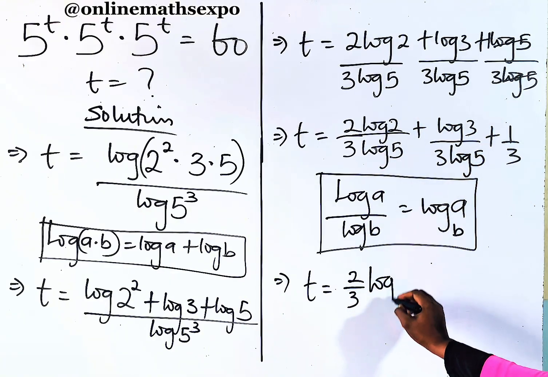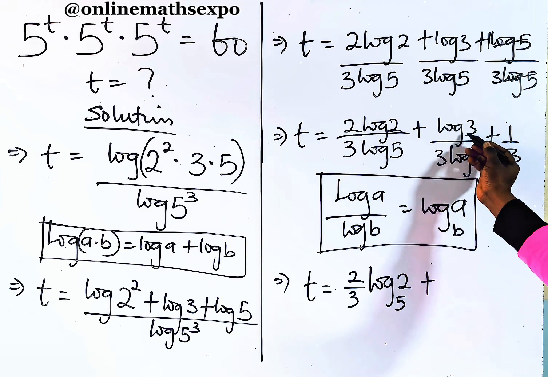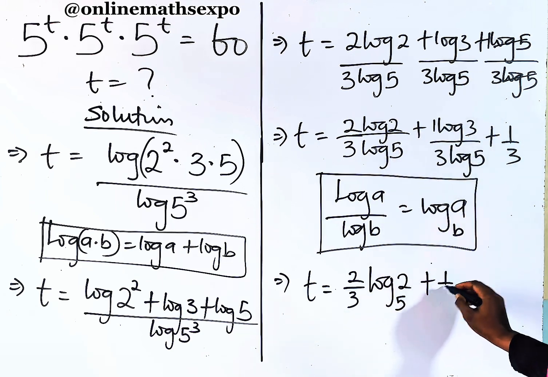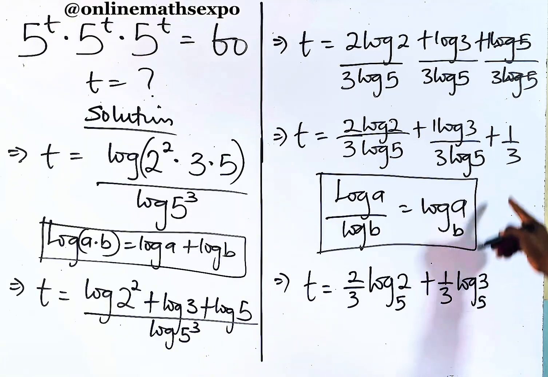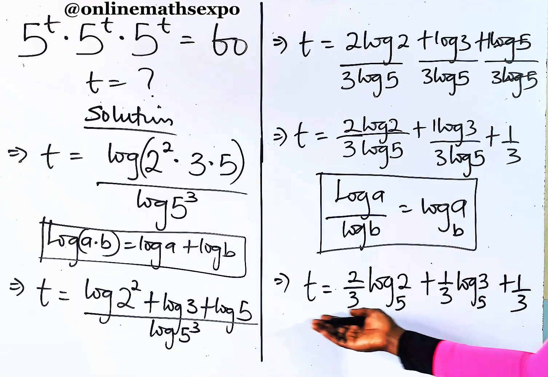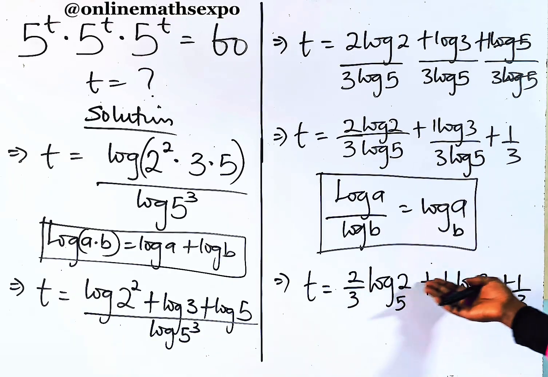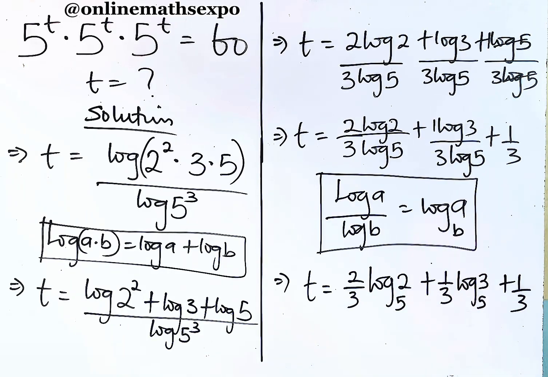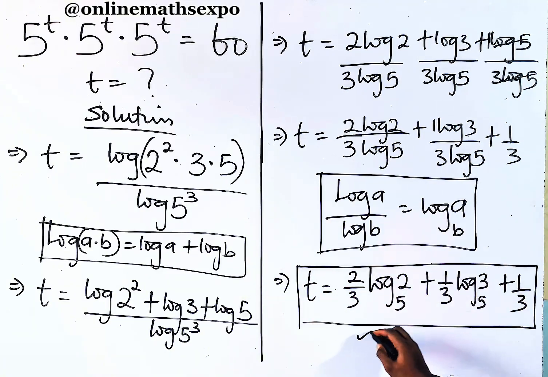So it gives us log of 2 base 5 plus the coefficient here is 1. So we have 1/3 of log of 3 base 5, then plus 1/3. And this gives us the simplified value of T. You see that all the values we have here are all prime numbers and we cannot reduce them any further. So this is our simplified value of T.